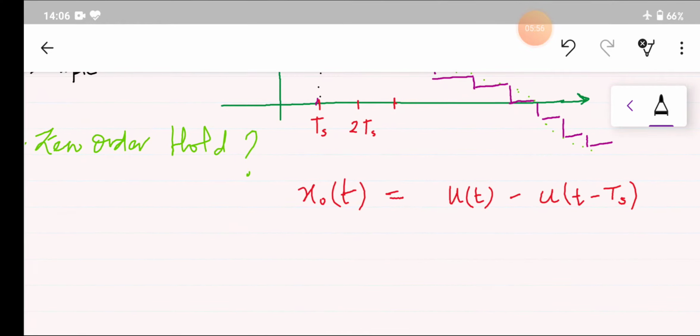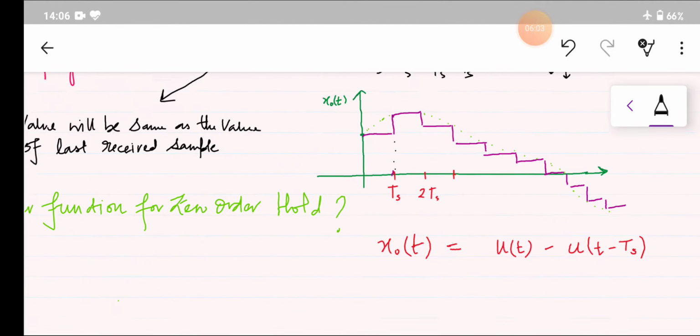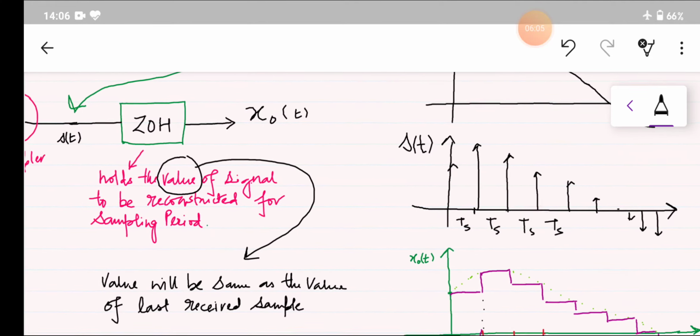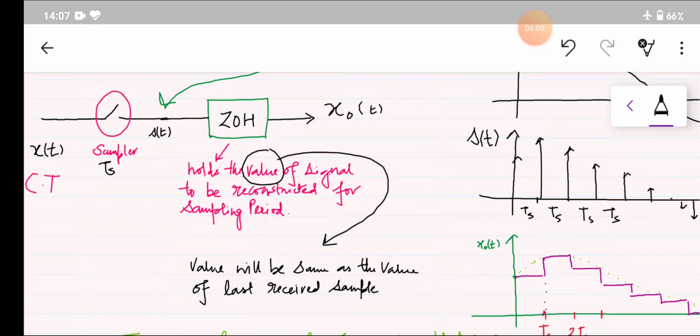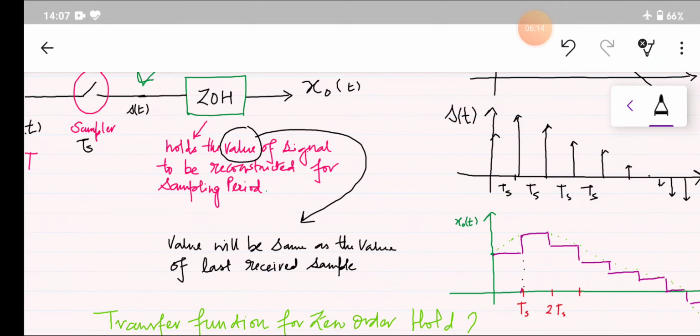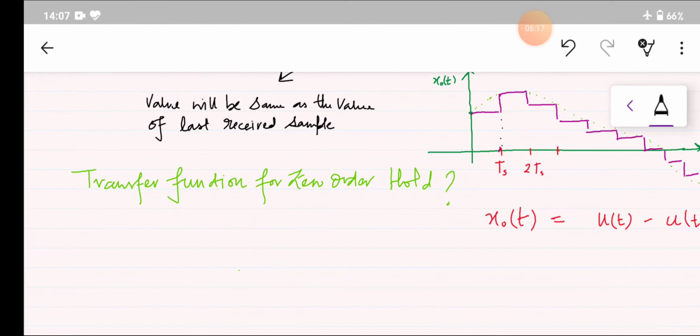So now, taking our output as x naught t, where the input is a sample, meaning the input is a delta t or an impulse.